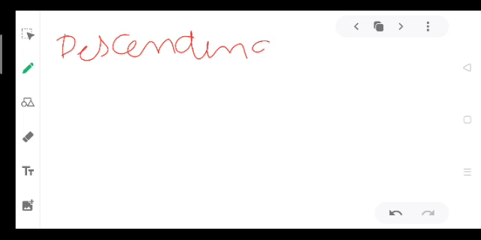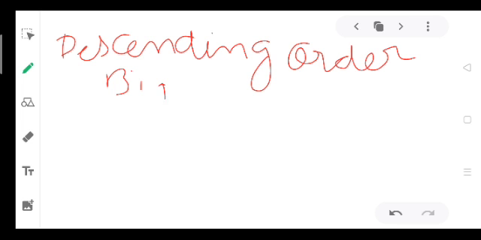What is descending order? Now our next concept is descending order. I told you that descending order means to write the numbers from biggest to smallest.